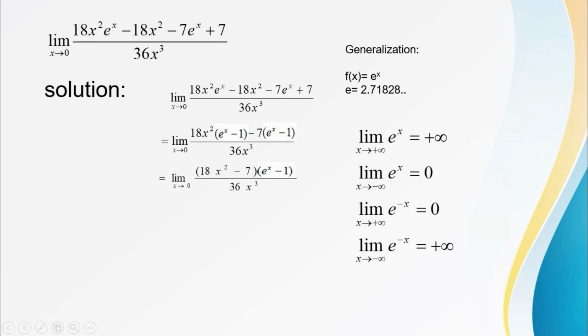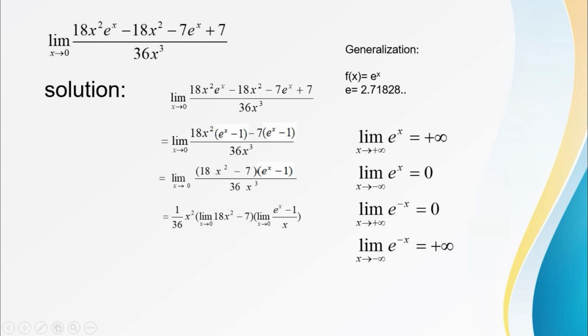Next, after we factor out the binomial, we need to simplify further by factoring out the denominator, which would lead us to a generalization in exponential functions. So here we have 1 over 36x squared times the limit of the quantity 18x squared minus 7 times the quantity e to the power of x minus 1 over x.